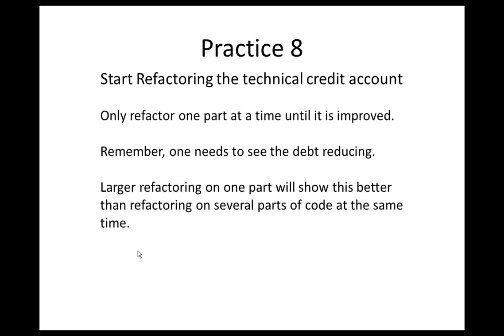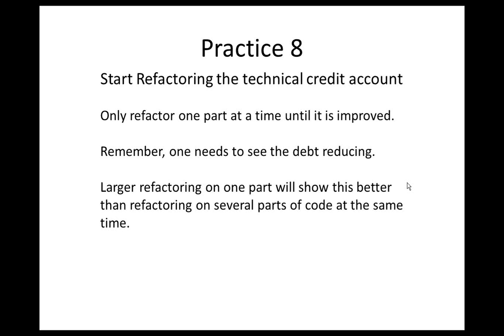Take one part, maybe one big method or a small method, and refactor that wherever it is possible without changing your schedule much, though it may require a little change.